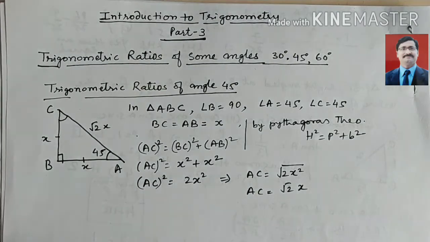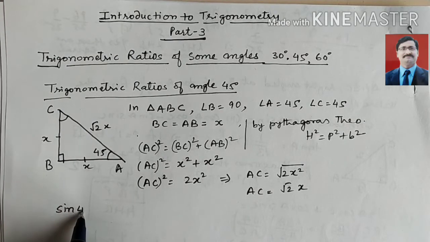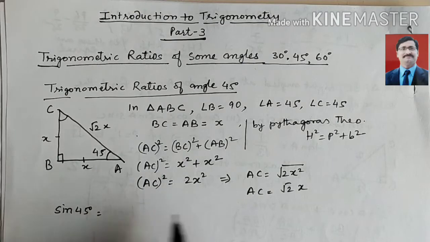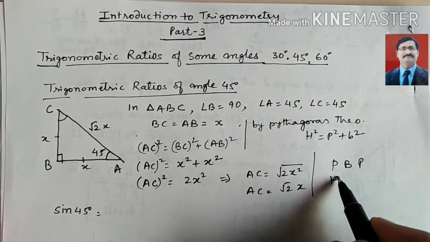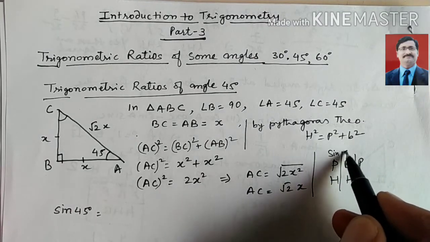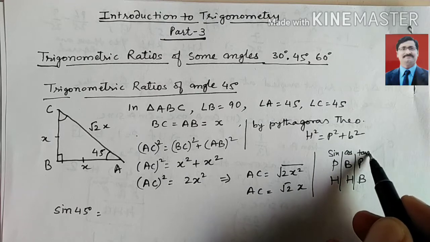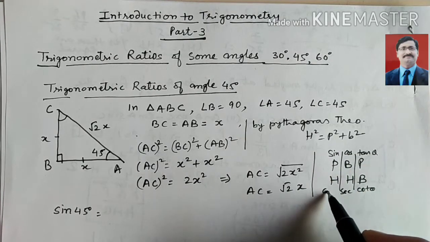Now we have to find sine 45. We know the formula already: Pandit, Badri, Prasad, Har, Bole. This is sine theta, cos theta, tan theta, cot theta, sec theta and cosec theta.